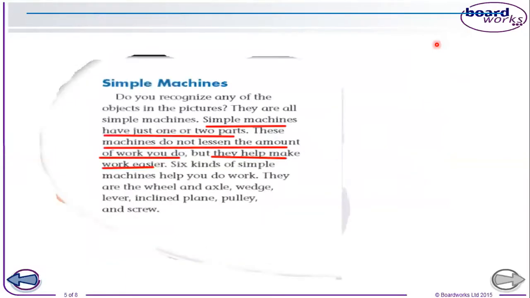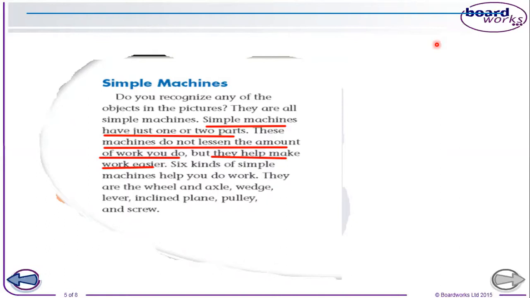Okay, I will start with simple machines. Do you recognize any of the objects in the pictures? They are all simple machines. What are simple machines? Simple machines have just one or two parts.